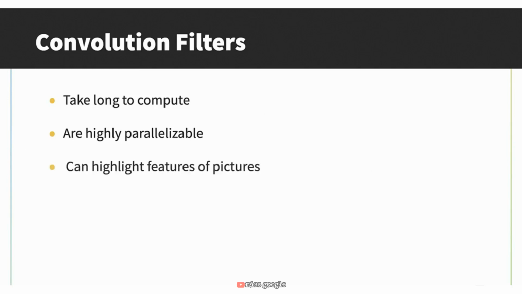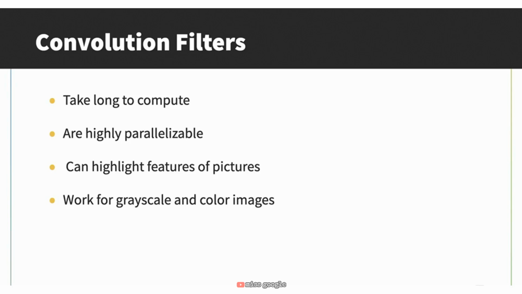Also, convolution filters are capable of highlighting certain features of pictures, as you will see up ahead. Now, you might be wondering how this works with a color picture. Well, for color images, the process is applied to each channel, which is equivalent to having a 3D kernel with the same shape for all channels.